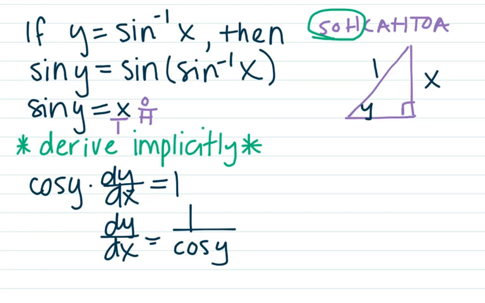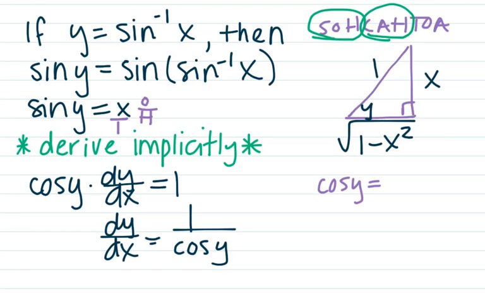Okay, so if you do some Pythagorean theorem here, the remaining side that we don't know, expressed in terms of 1 and x, is simply 1 squared minus x squared, and then we take the square root of it to get the length of that side. Now that we have this information, we can figure out what cosine of y is. Cosine of y is adjacent over hypotenuse, so the adjacent side is this expression over our hypotenuse, and we can drop the divide by 1.